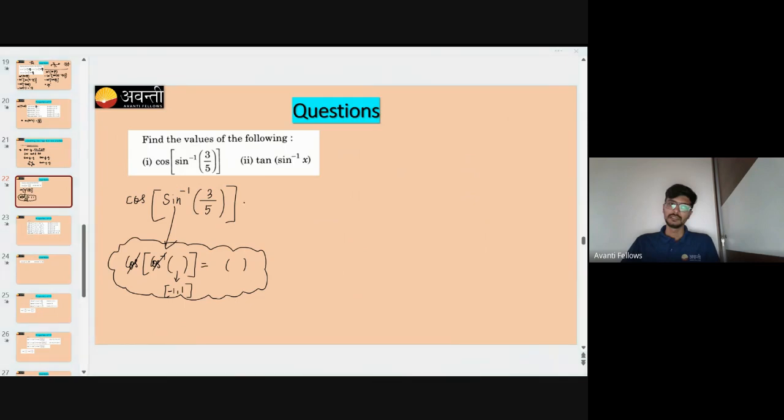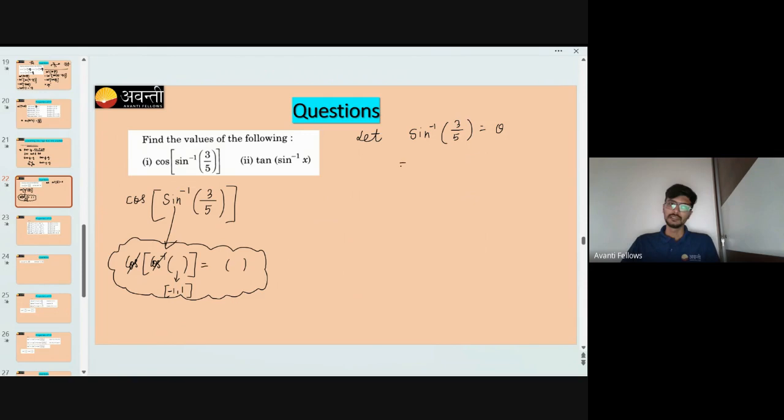So my aim now is, how to solve this question. I'll write, let sine inverse of 3 upon 5 equal theta. As we all know, the input of sine inverse is a value and the output is an angle.